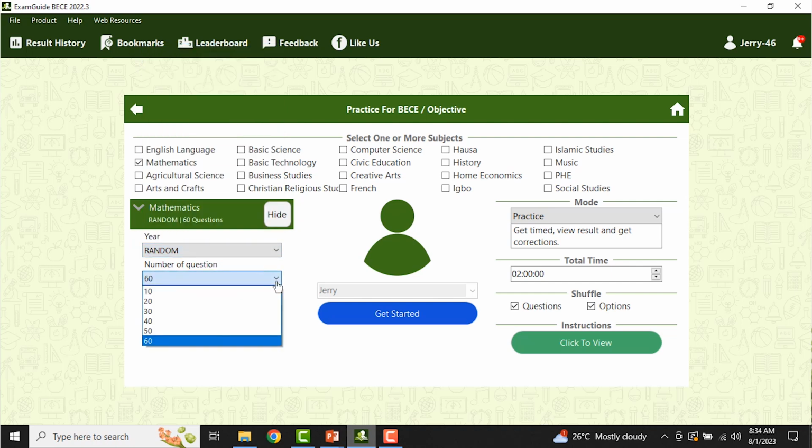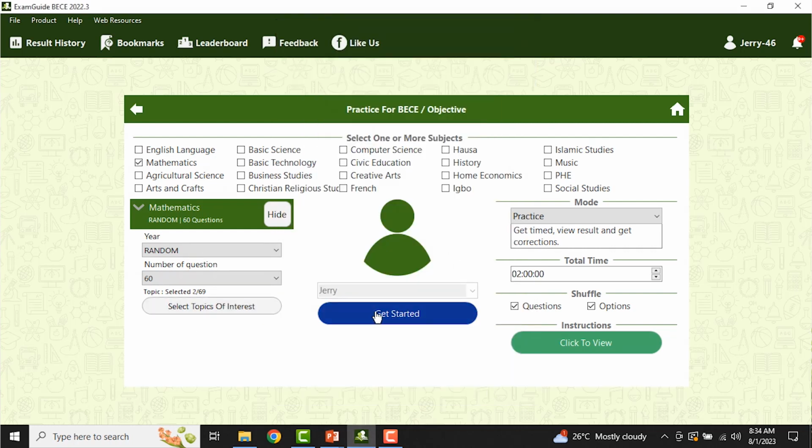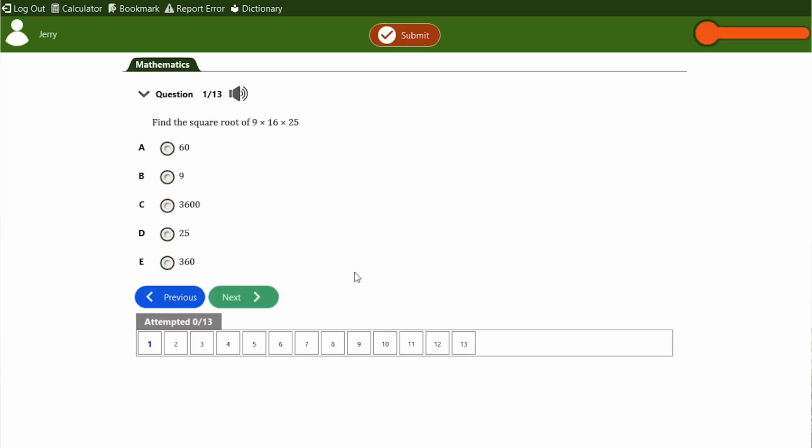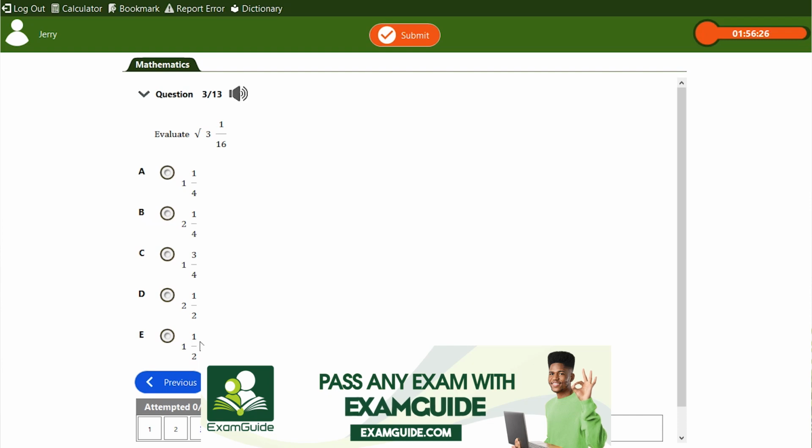All right, let's look at this one. Evaluate the square root of 3 whole number 1 over 16. They say we should evaluate this.